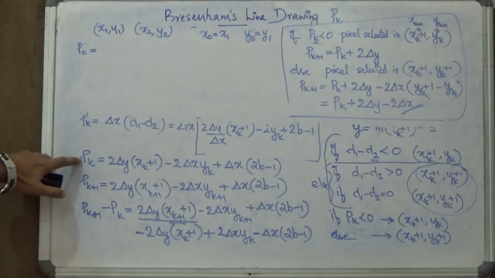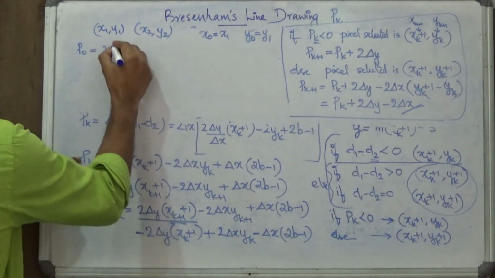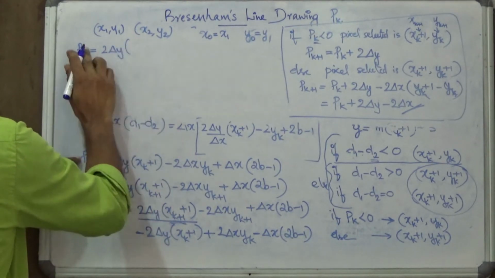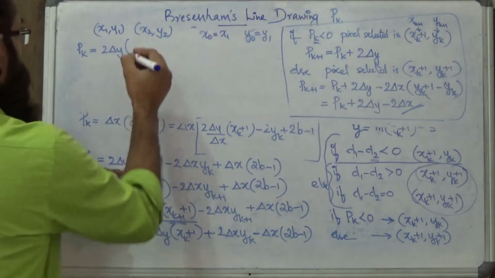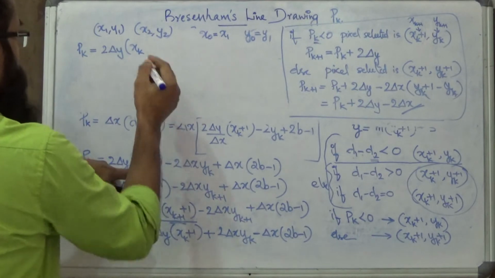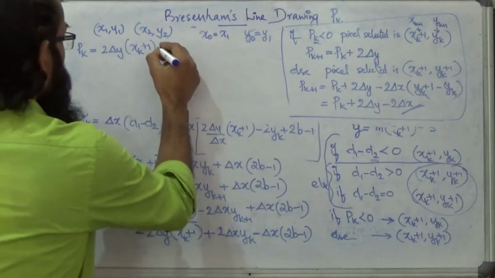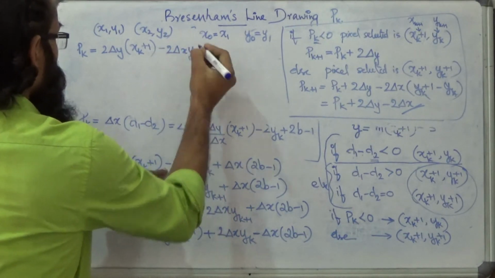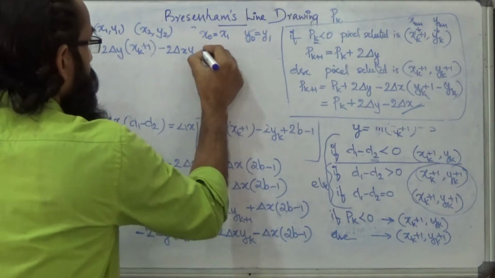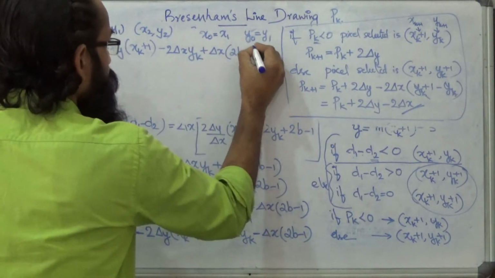You are having pk equal to 2 delta y xk plus 1 minus 2 delta x yk plus delta x into 2b minus 1.